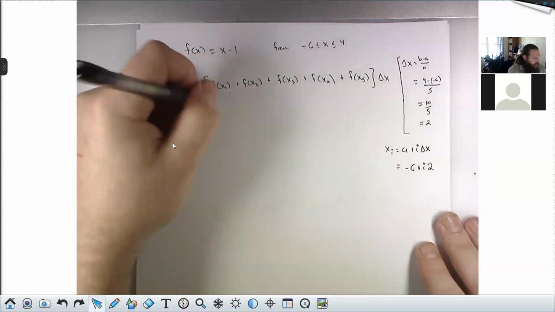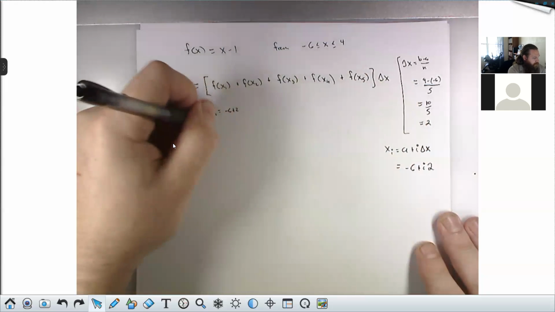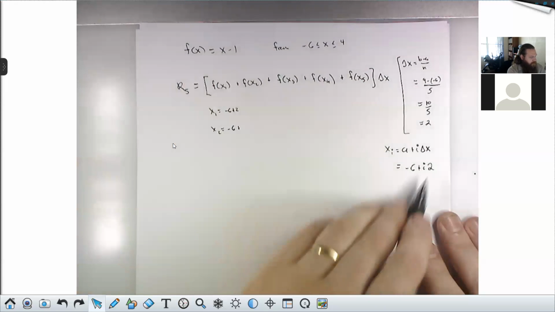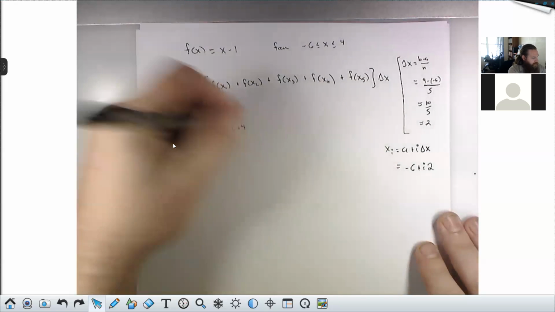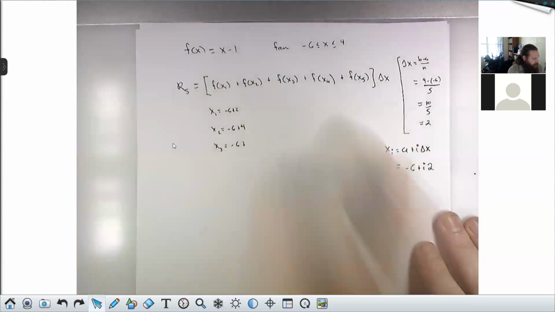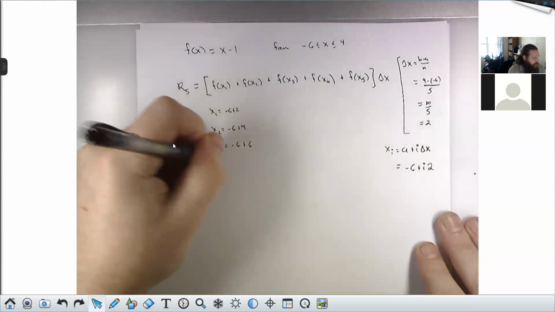So x1 is going to be -6 plus 2. x2 is going to be -6 plus 2 times 2, which is 4. x3 would be -6 plus 3 times 2, which is 6. So this is -6 plus 6.